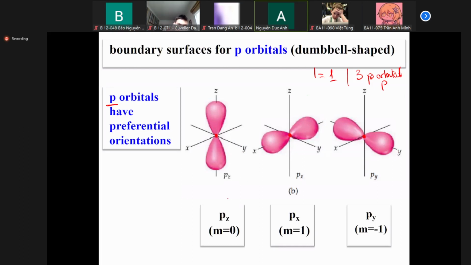So you have pz, px, and py. This depends on the values of ml.